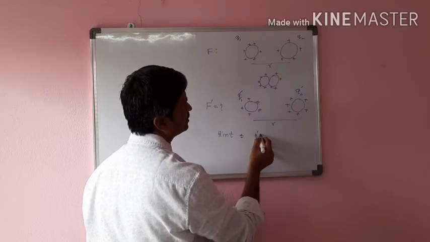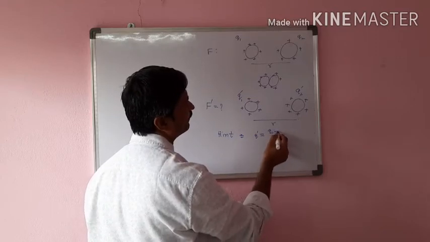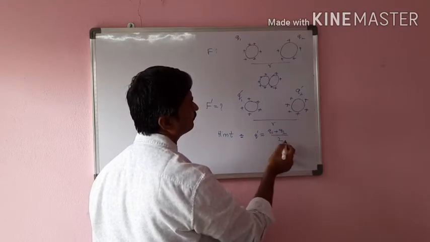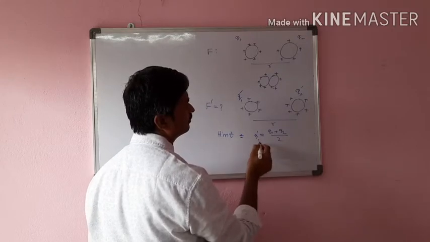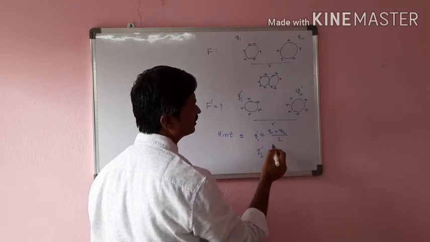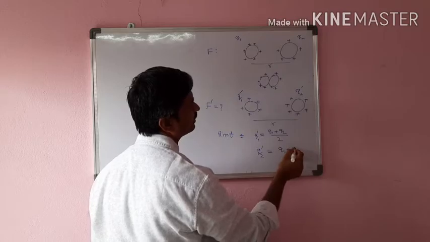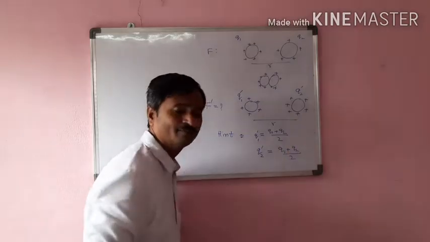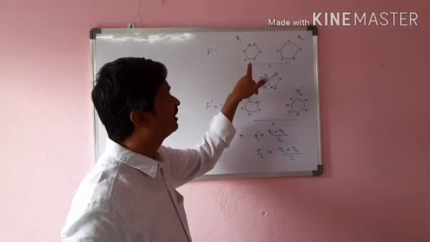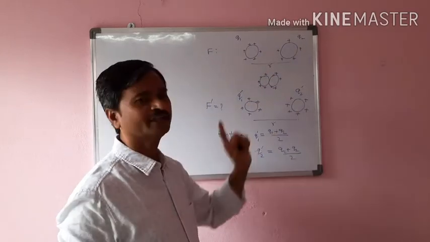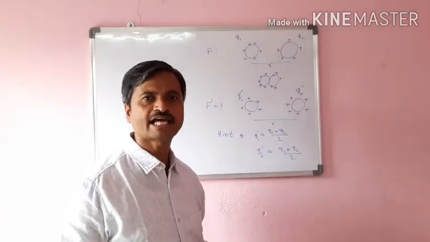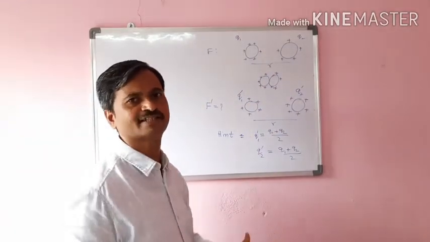Q1 dash is equal to (Q1 plus Q2) by 2 and Q2 dash is also equal to (Q1 plus Q2) by 2. Why? Because the charge is shared equally between the two spheres as they are identical bodies.